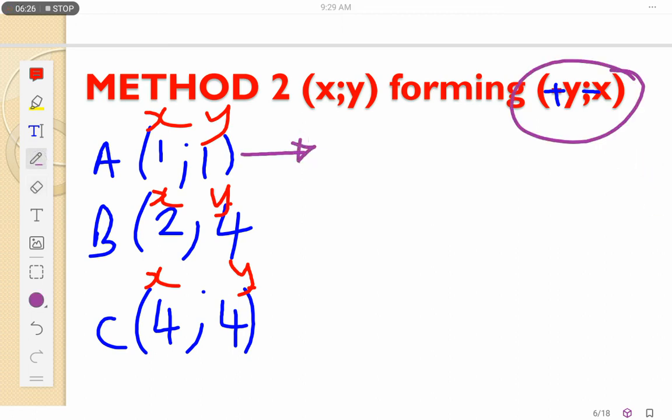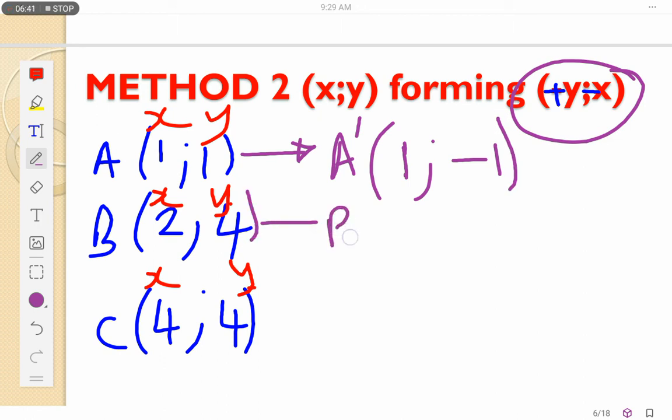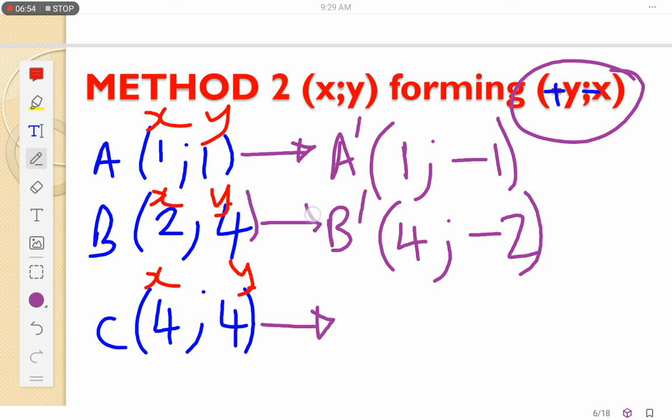So for A, my A image has my y as the new x, which is 1. Then my x I'll multiply with -1, so it will be -1 here. For B image, my y is now my x, so I'll have 4, and my x I'll multiply with -1, so it will be -2. Then I go down for C. I'll interchange 4 and 4, they are the same, so I'll have 4 for the new x.